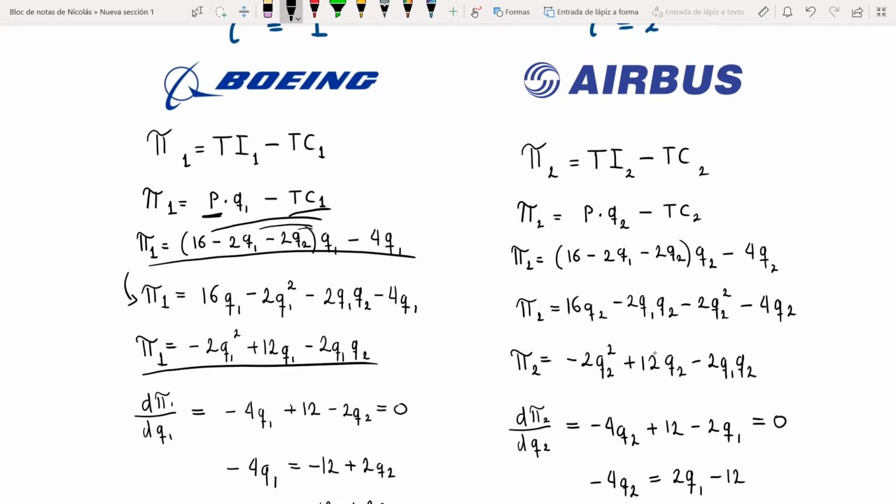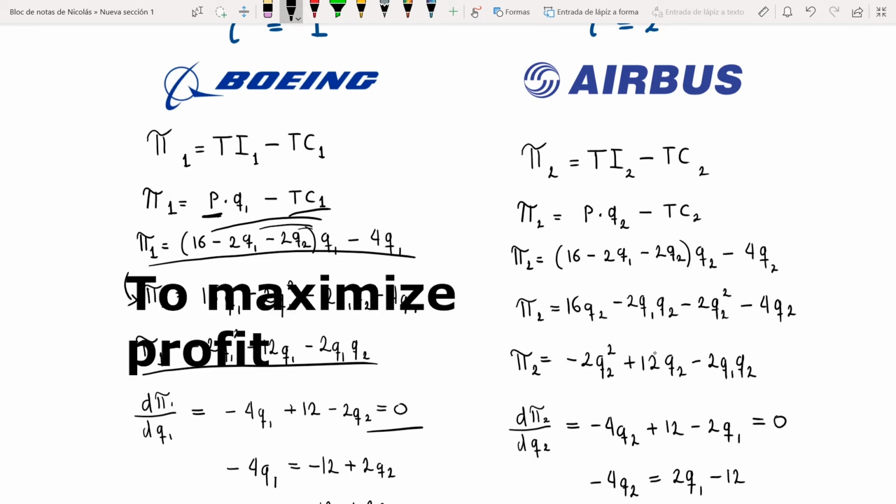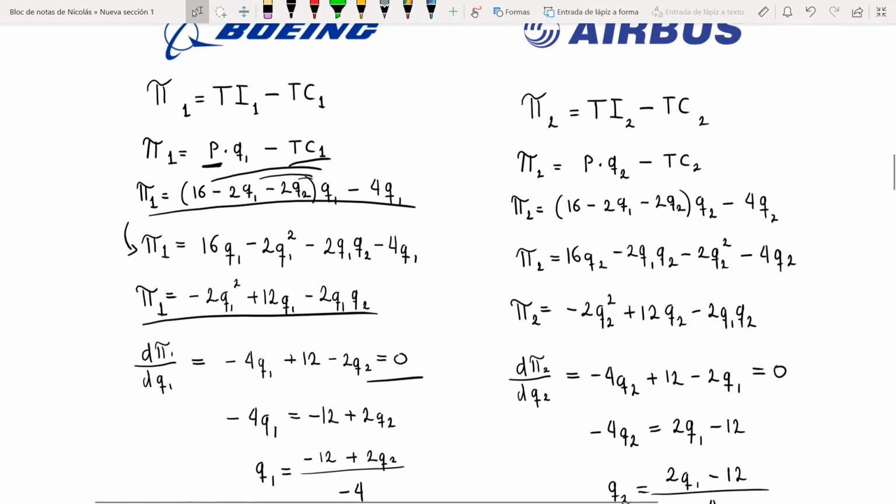After we have this equation simplified, we will derive it as follows, and we'll end up having that the derivative of Boeing's profit is minus 4q1 plus 12 minus 2q2. We now equal that equation to 0, and we will solve for quantity 1.